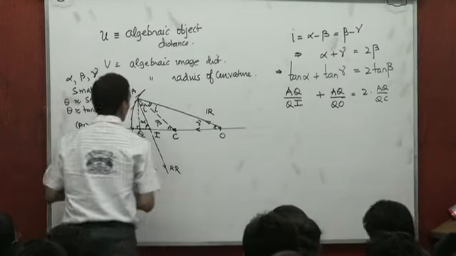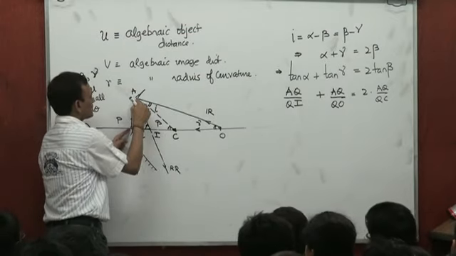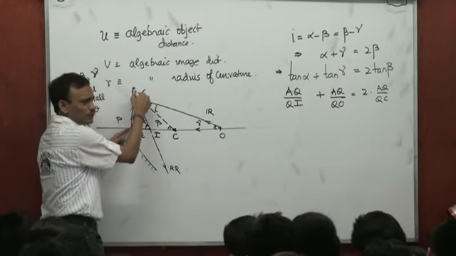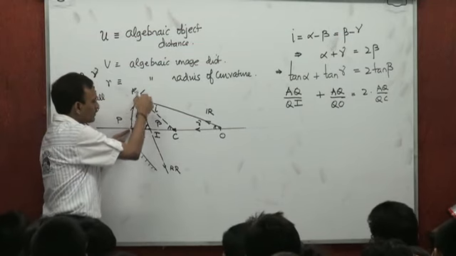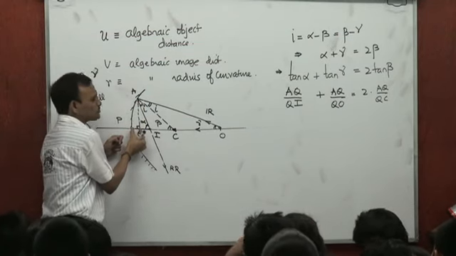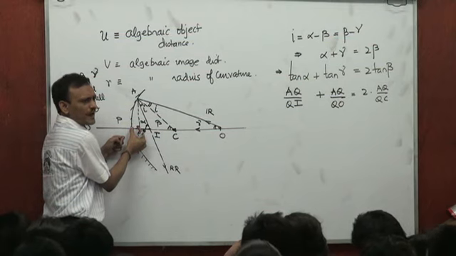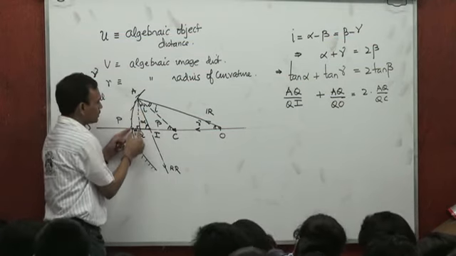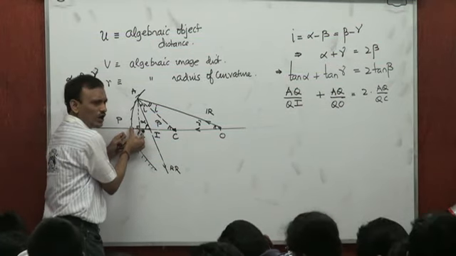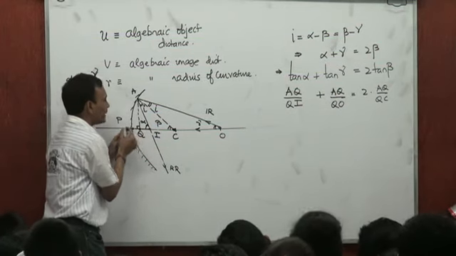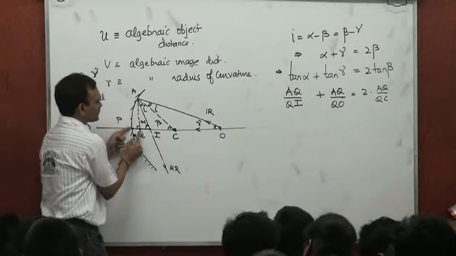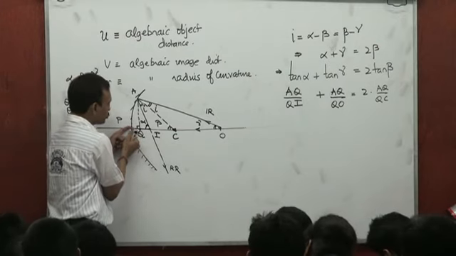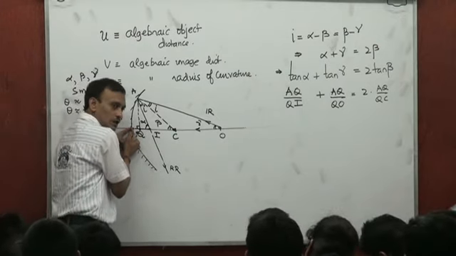Now, realize that since A and P are very, very close to each other, paraxial ray, this PQ is practically zero. If that be the case, then whether you measure distances from Q or from P, they'll be the same.